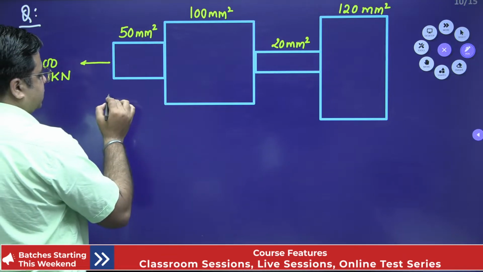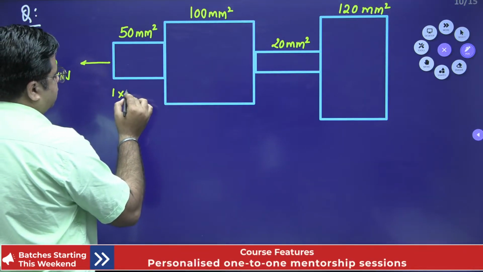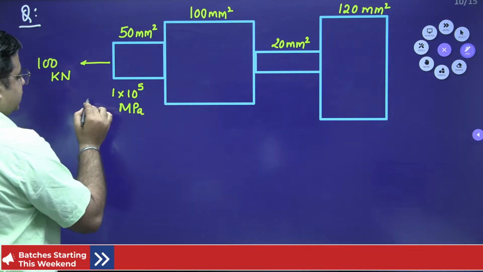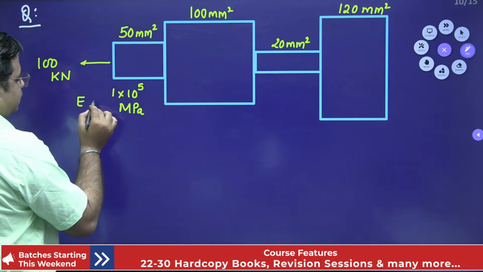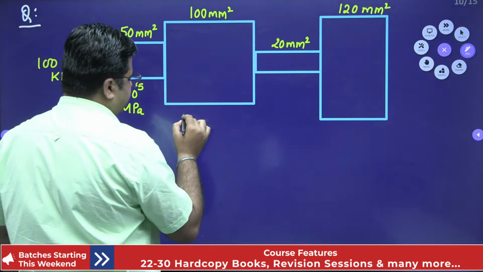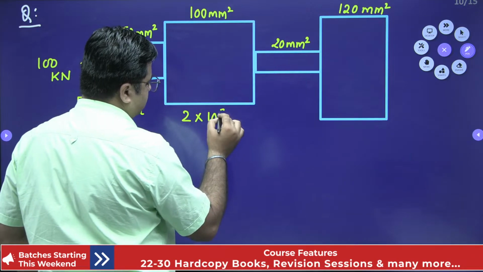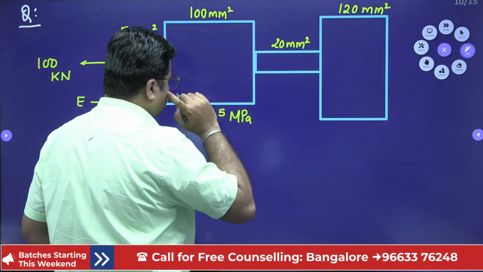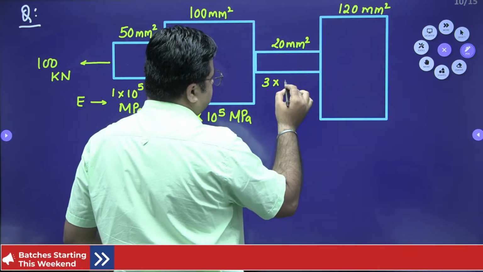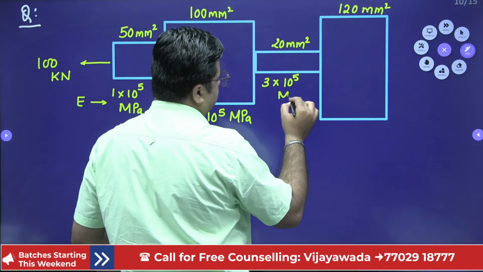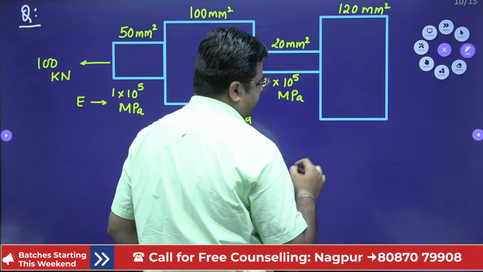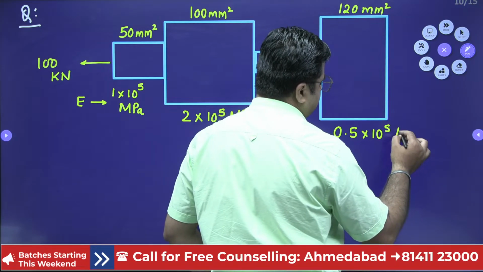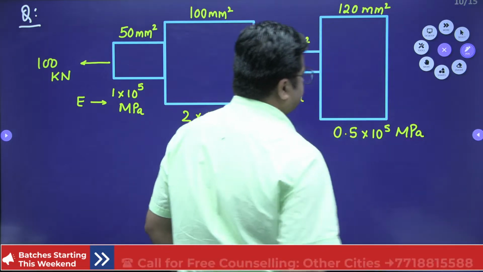Young's modulus for this is 1 into 10 raised to power 5 megapascal. This is E. For this member, it is 2 into 10 raised to power 5. For this member, it is 3 into 10 raised to power 5. And for this member, it is 0.5 into 10 raised to power 5 megapascal, right?